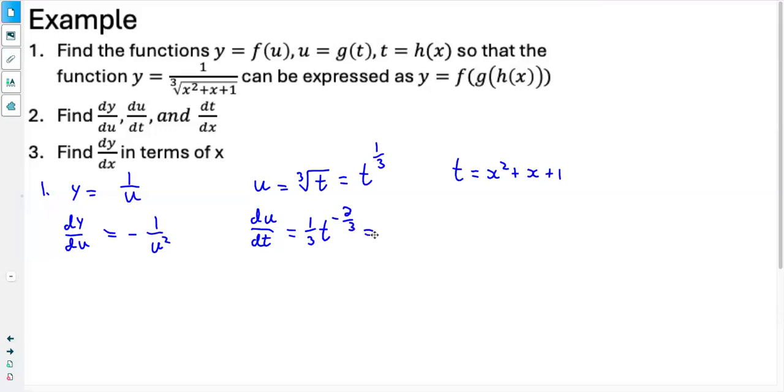Now we may want to write that as a fraction in root, so that would be 1 over 3 times the cube root of t squared. The last derivative is dt over dx. So the derivative of this quadratic is just going to be 2x plus 1.